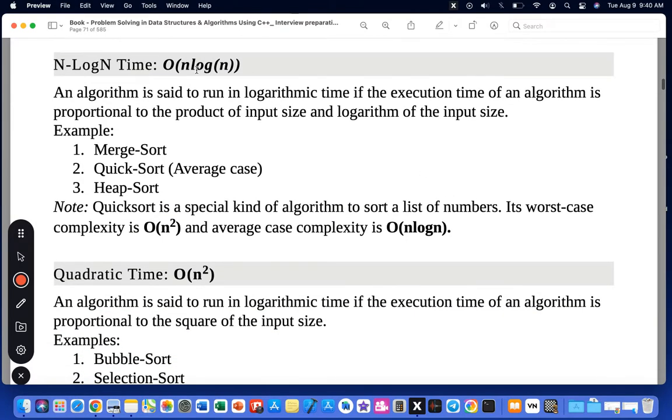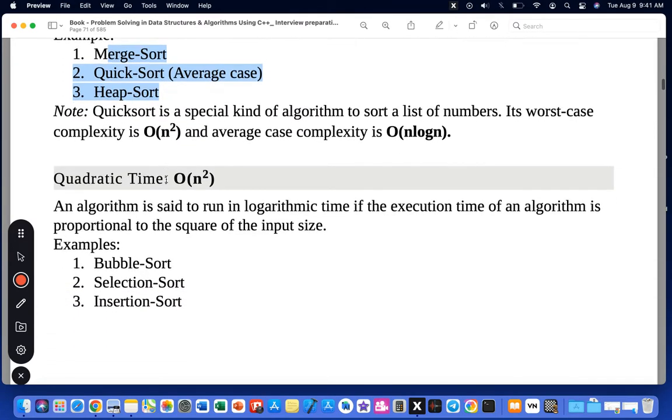n log n. An algorithm is said to run in n log n time if the execution time of the algorithm is proportional to the product of the input size and the logarithm of the input. All right. Examples are merge sort, quick sort, heap sort.